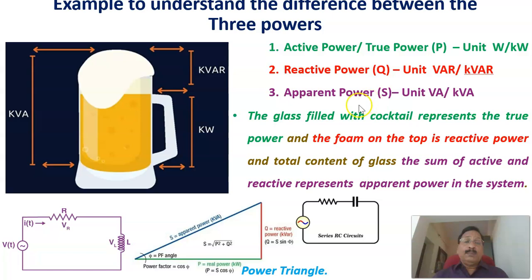So the size of the glass can be considered the apparent power, the volume of the foam is the reactive power, and the volume of the cocktail inside the glass is analogous to active power.